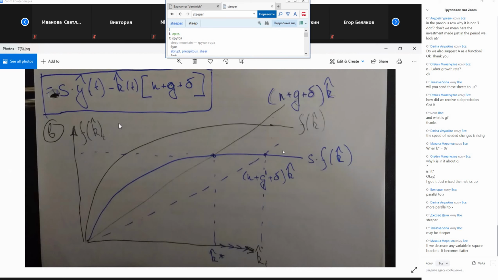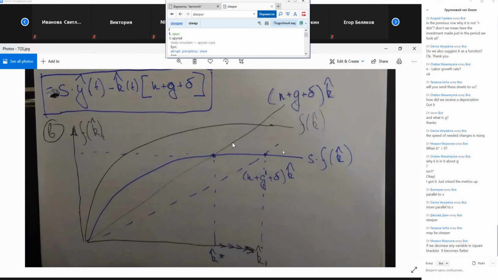If we have output here, we'll also see that we can measure investments in terms of output. This is basically to measure these lines, but given that our investments are expressed as a share of output, in output units, we can also do this for capital depletion, for this line.